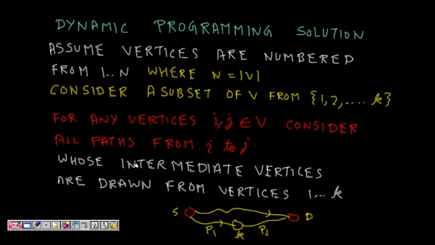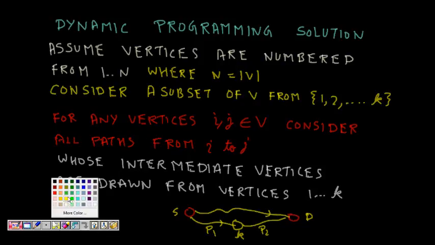So what we do is consider a subset of vertices, and we number the vertices. Let there be n vertices, numbered from 1 to n, and consider a subset of V from 1 to k.